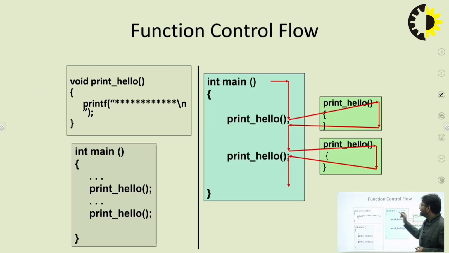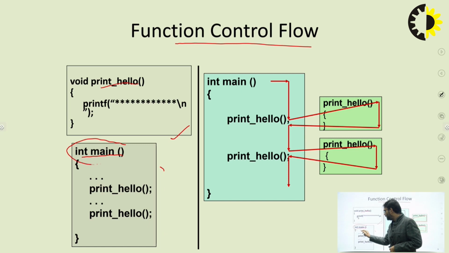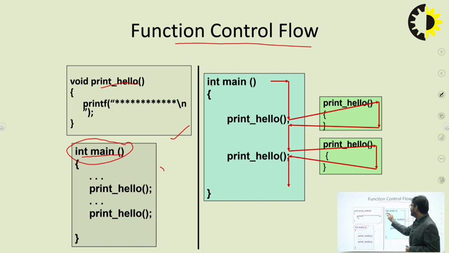Suppose this is the function control flow, how the function control flow will be applied in C language. Suppose we have a function named void print hello, and another function is main. Every program in C must have a main function, and the execution of the program will start from main. Execution starts here.